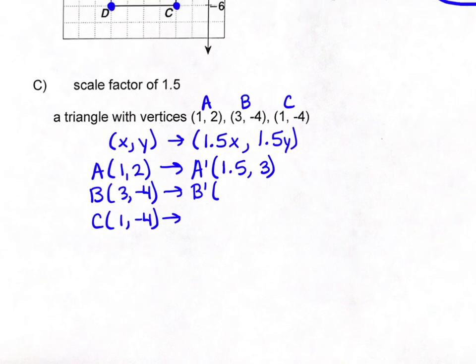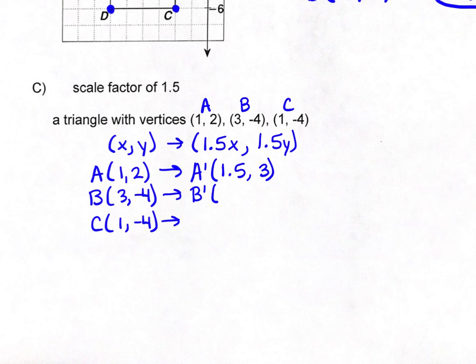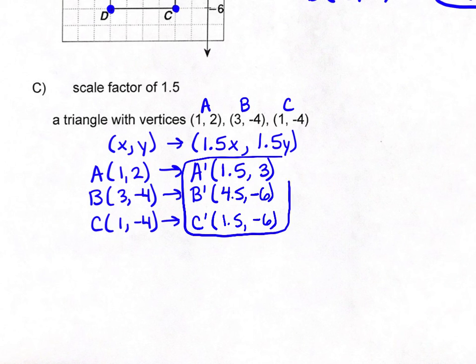For B prime, 1.5 times 3 is 4.5. 1.5 times -4 is -6. And for C prime, 1.5 times 1 is 1.5. And 1.5 times -4 is -6. And so I've gotten each of the coordinates of the image by just multiplying each coordinate by 1.5.